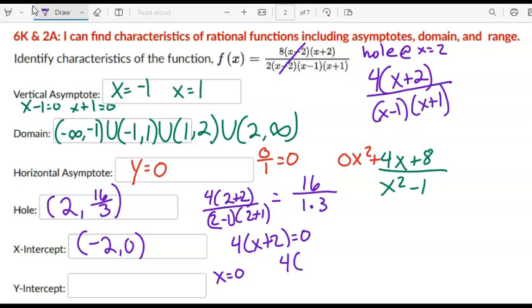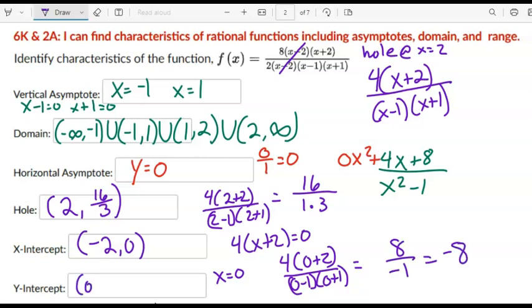So we have 4 parentheses 0 plus 2 all over 0 minus 1 times 0 plus 1. That's going to be 8 over -1. That equals -8. So your y-intercept is at 0, -8.